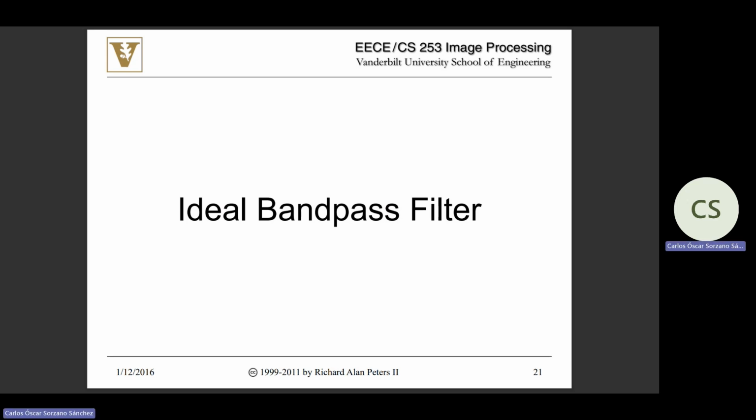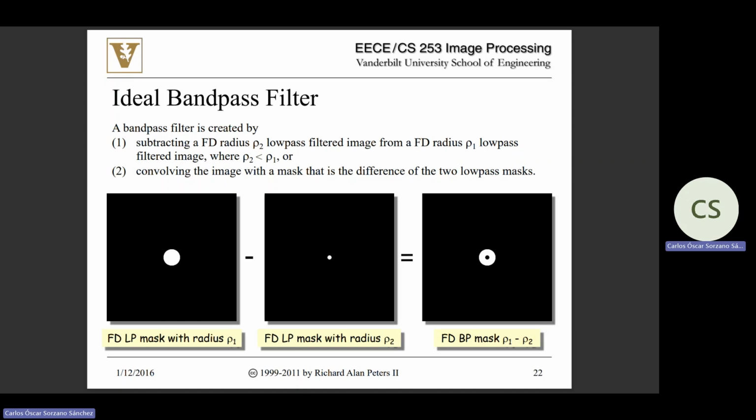Okay, so bandpass filters. A bandpass filter is this kind of construct. So we leave some regions in the frequency space that can pass. So let's say the two cutoff frequencies, one that is smaller, another one that is larger, will be rho 1 and rho 2.